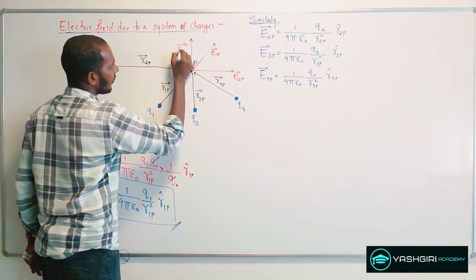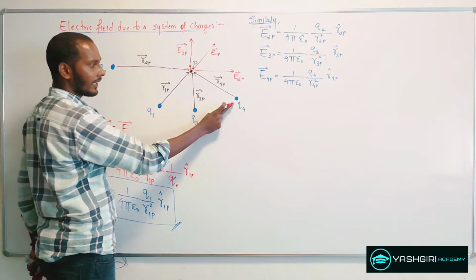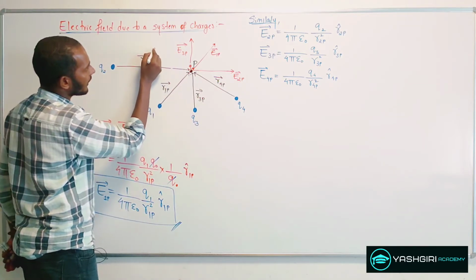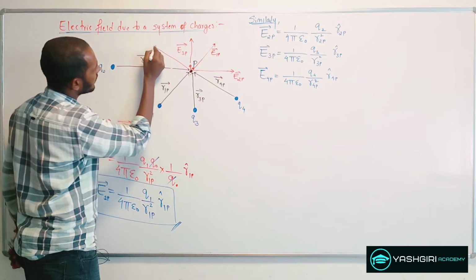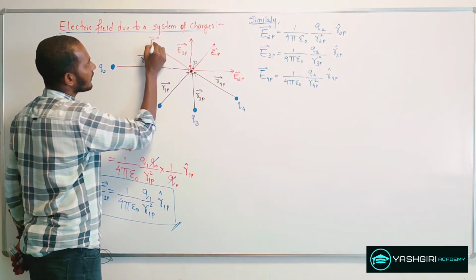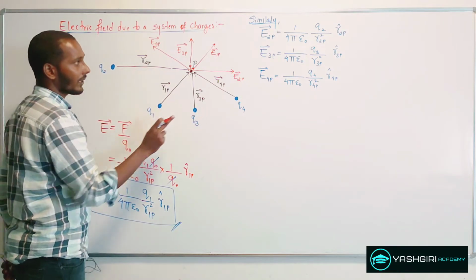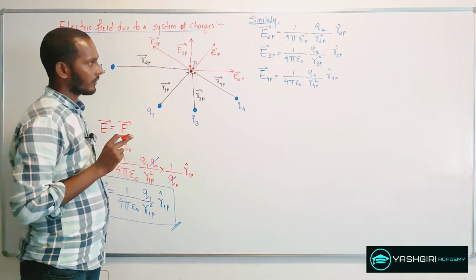I can say vector E3p. And the last charge will be in this direction. So here I can say this is my vector E4p. So these are your directions for your electric field at point P.